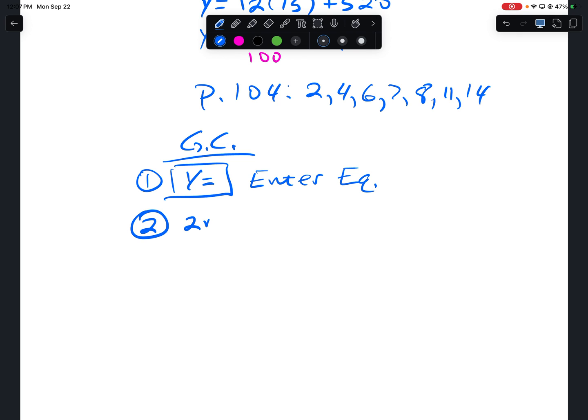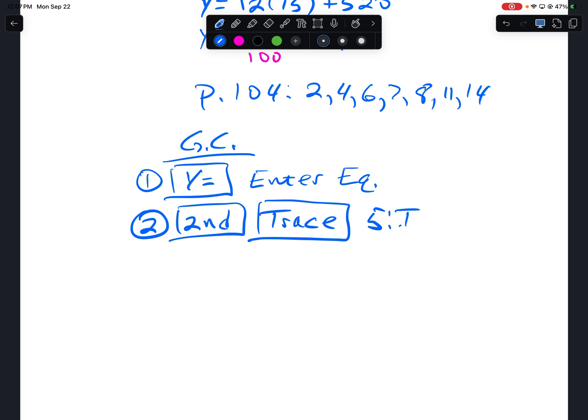Step 2, we go second, trace, that's also a button, and then we hit number 5, which says intersection.